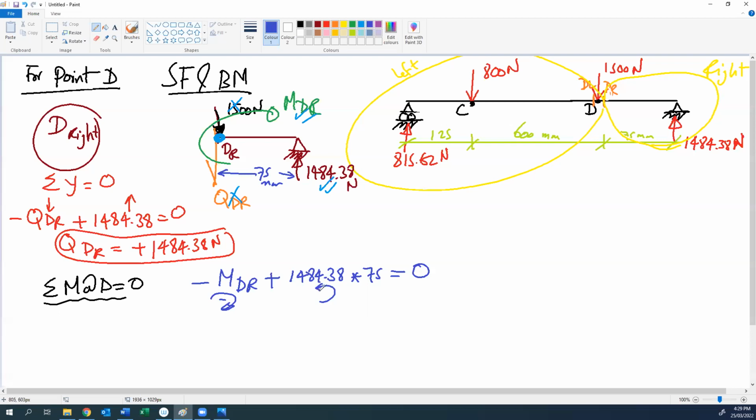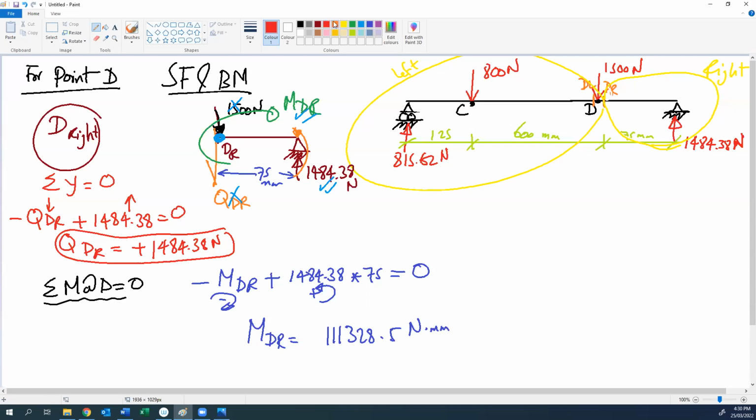I give it positive sign because it is rotating anti-clockwise. So from this equation, MD right will be 111,328.5 Newton millimeter.